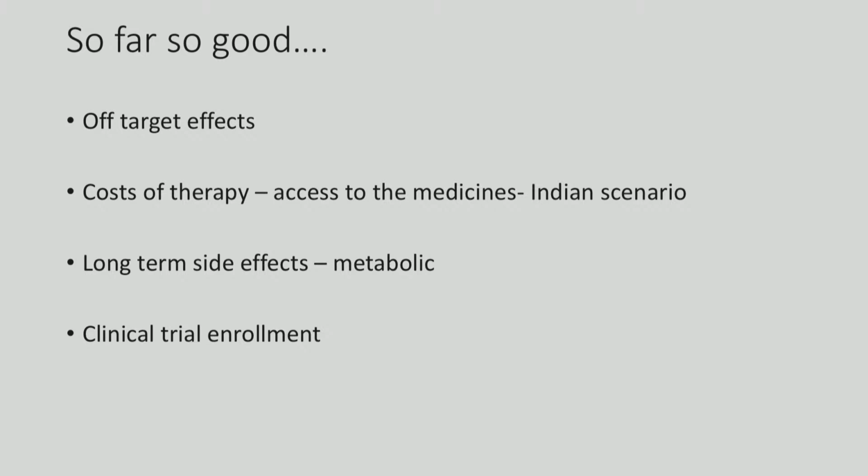For example, the most common side effect with erlotinib and gefitinib is rash, seborrheic dermatitis, and a significant amount of diarrhea, because these EGFR receptors are expressed on the skin as well as on the gut. These patients have a very high incidence of diarrhea and rash, but it is manageable. There are drugs for managing those side effects, and then there are long-term metabolic side effects.